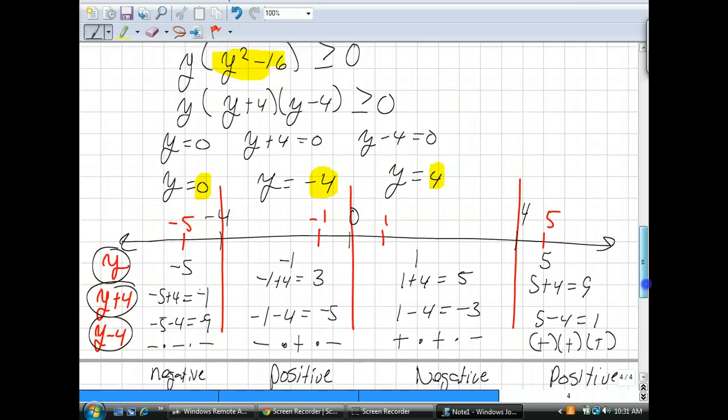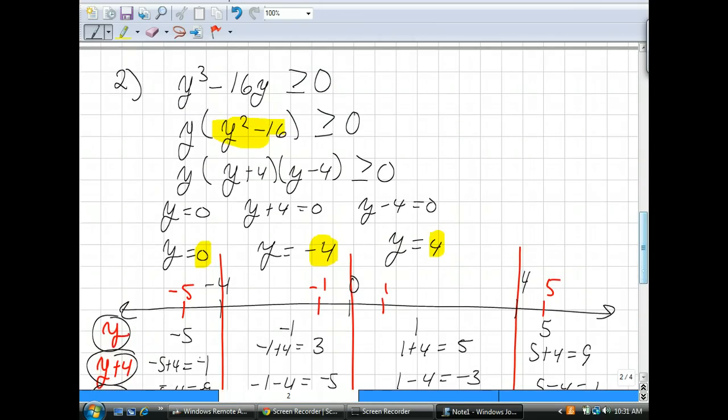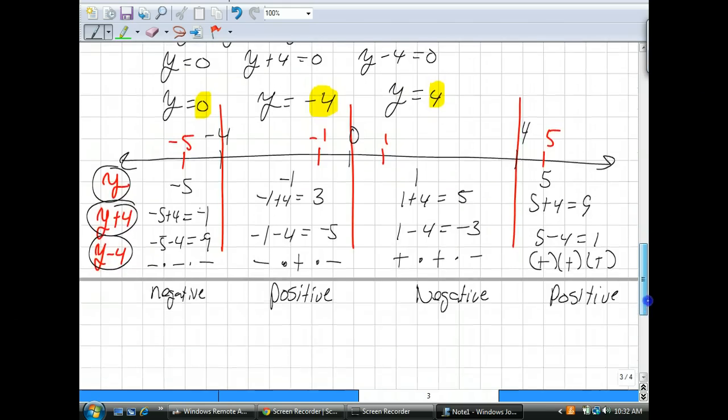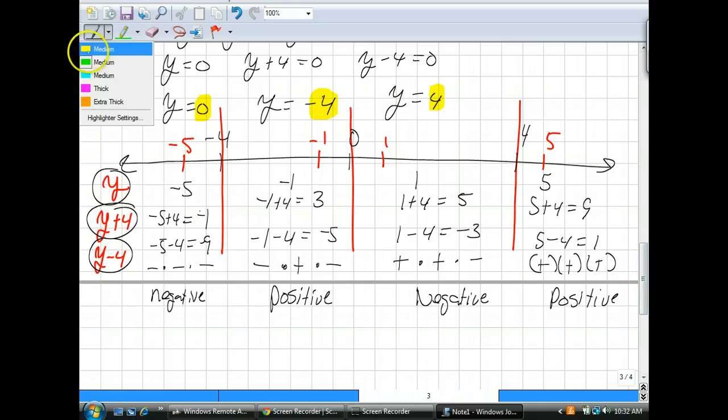Now I go back to the original problem, and I want this value to be a number greater than 0. So what numbers are greater than 0? Positive numbers. So I come down here, and everywhere where I end up with a positive value, which is here and here, is my solution.